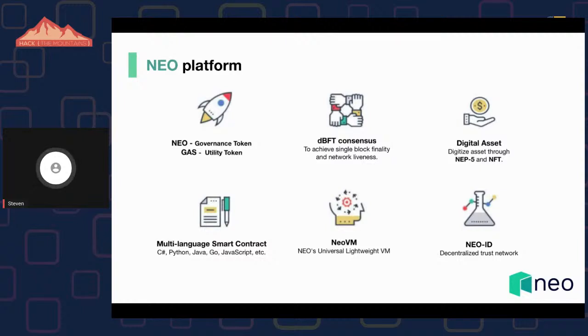Neo supports multi-language smart contracts. I will talk more about this later when I talk about smart contract development. And we have our own designed Neo VM, Neo's unique universal lightweight VM. And we also have Neo ID. It's a decentralized trust network.